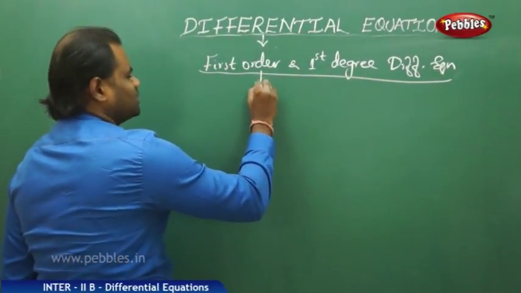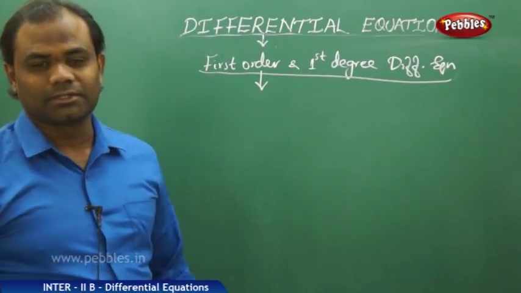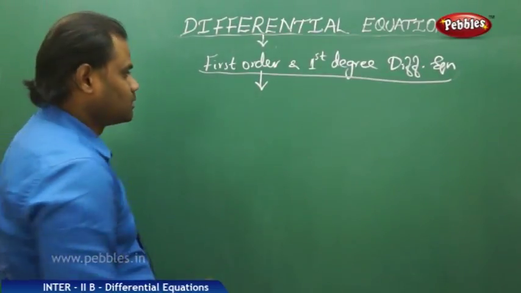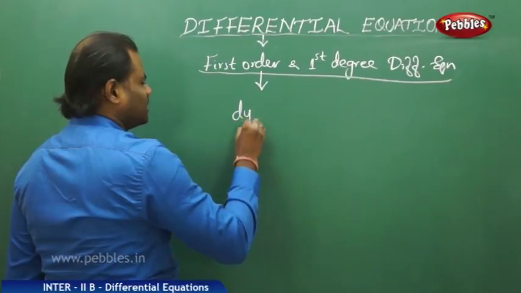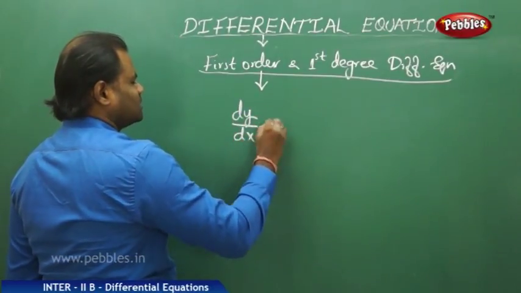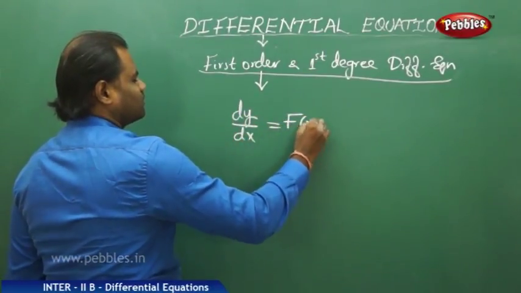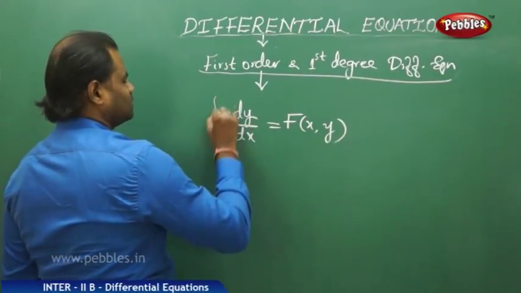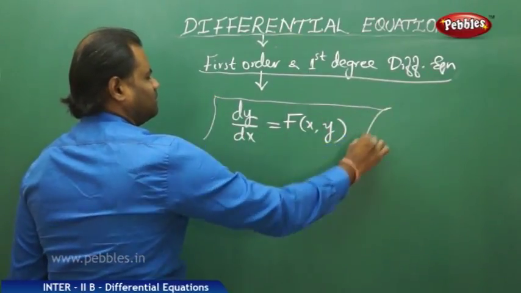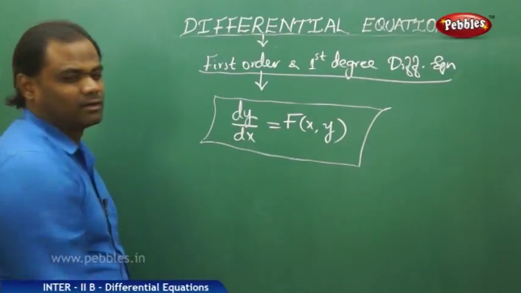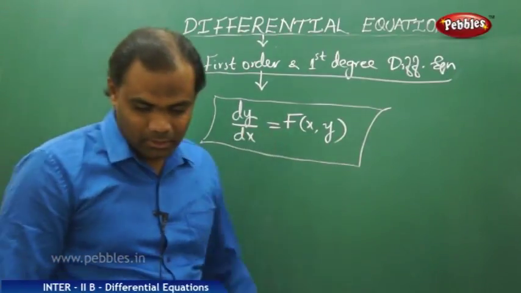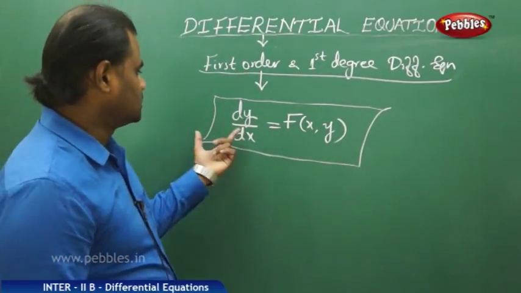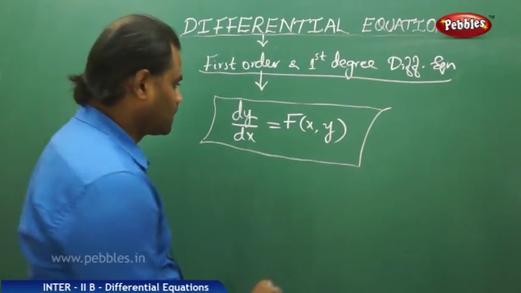So we know that a first order first degree differential equation is generally represented in the form dy by dx is equal to f of x, y, where y is the dependent variable and x is the independent variable.